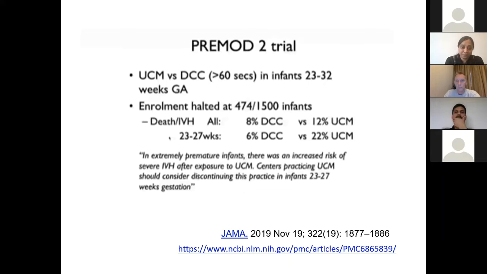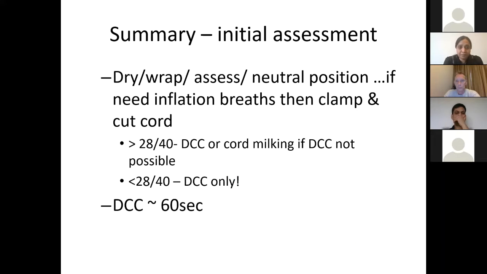So in summary, for initial assessment: dry, wrap, assess, and put the head in the neutral position, and do all of this while the baby is still attached to the cord where possible. And if inflation breaths are needed and you can't do that while the baby is still attached to the placenta, then clamp and cut the cord. For babies over 28 weeks, if this is not possible, you can potentially think about cord milking.